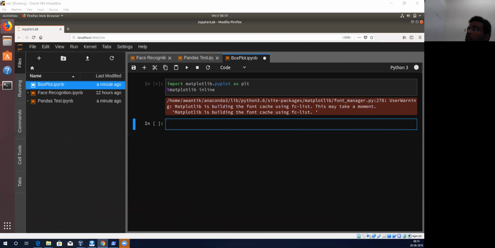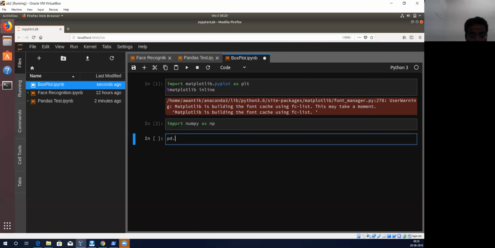This is known as box plot. It is to show you distribution and all that. Import Matplotlib, spelling.